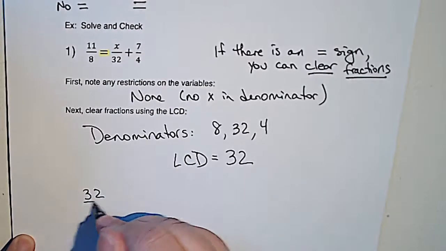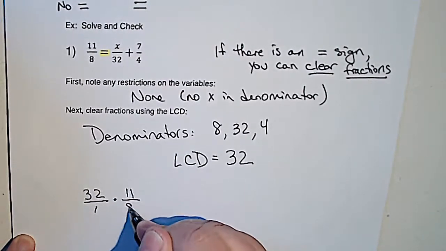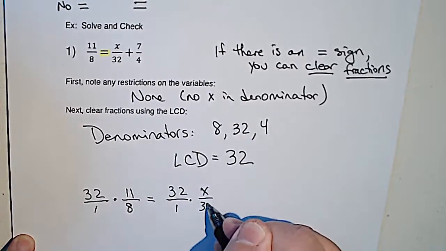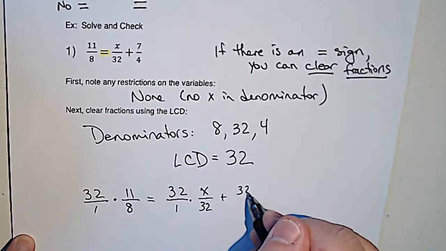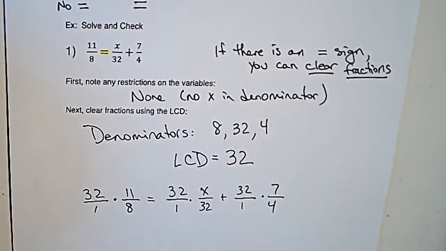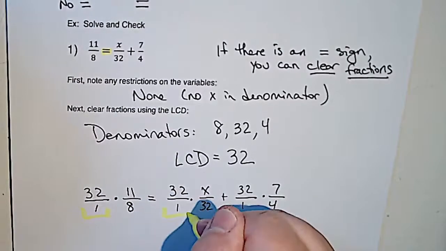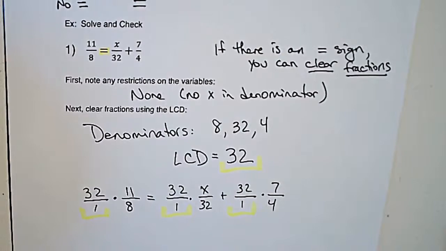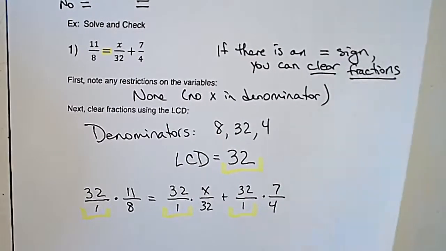And I'm going to take the 32 and I'm going to multiply it times the 11/8. And I'm going to multiply it times the x over 32. And I'm going to multiply it times the 7/4. And I am totally allowed to do this. This is completely legal. I'm allowed to multiply all three terms by 32.